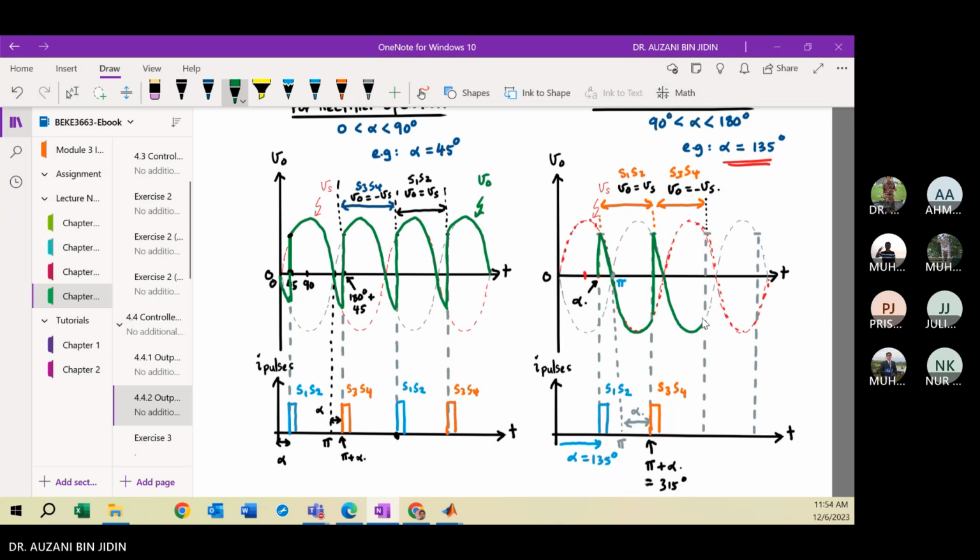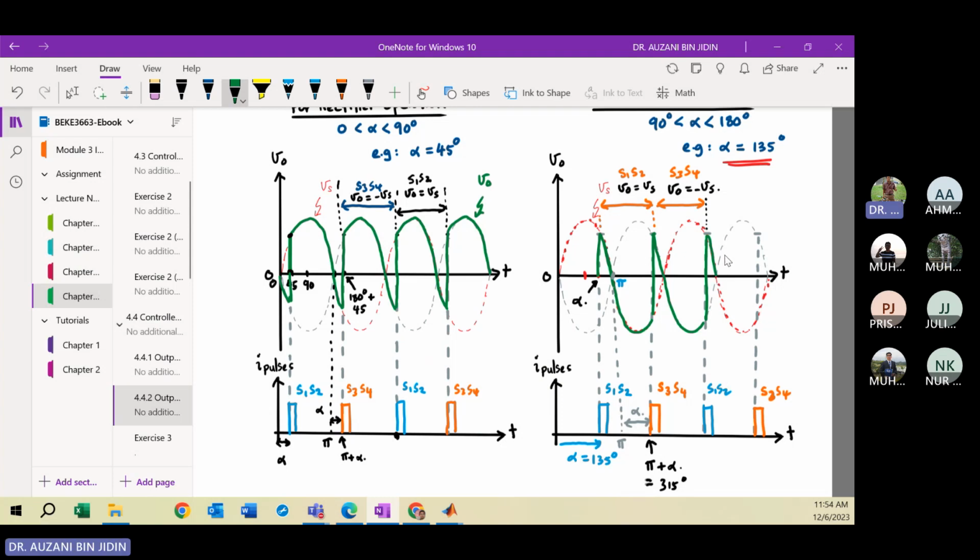Okay. So then you can sketch, because this waveform will be repeated. Here for the next cycle, the current pulse is injected for S1 and S2. Here will be the current pulse for S3 and S4. So when S1 and S2 are turned on, your output voltage equals the source, the dotted line waveform.